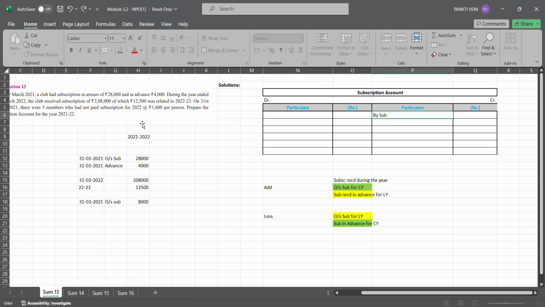So by subscription received, I have noted down on my credit side. So this part I have completed. Now I have next outstanding subscription. What am I supposed to do to outstanding subscription? I'm supposed to add, that is, I have not received it yet.